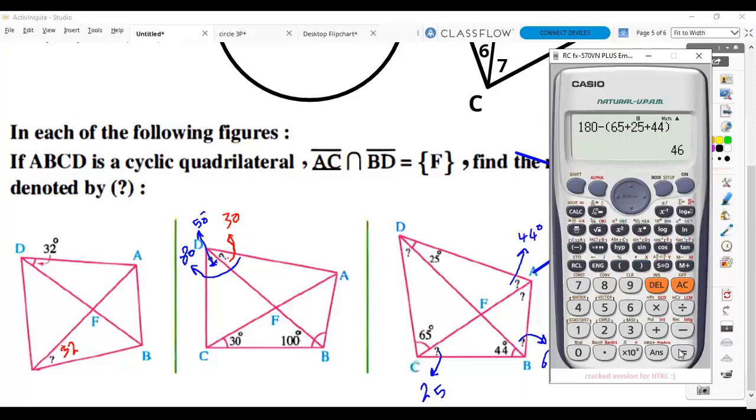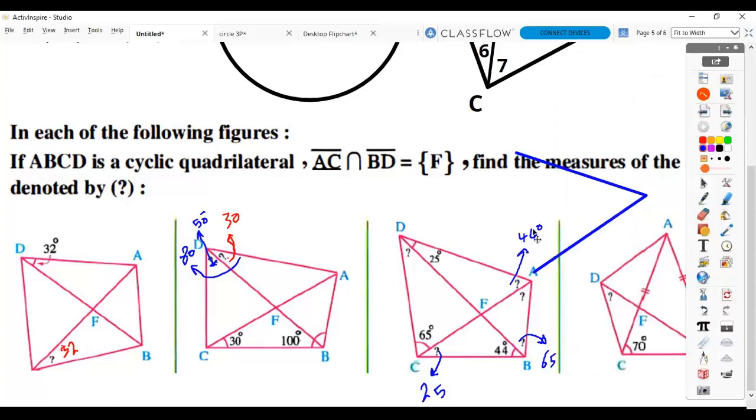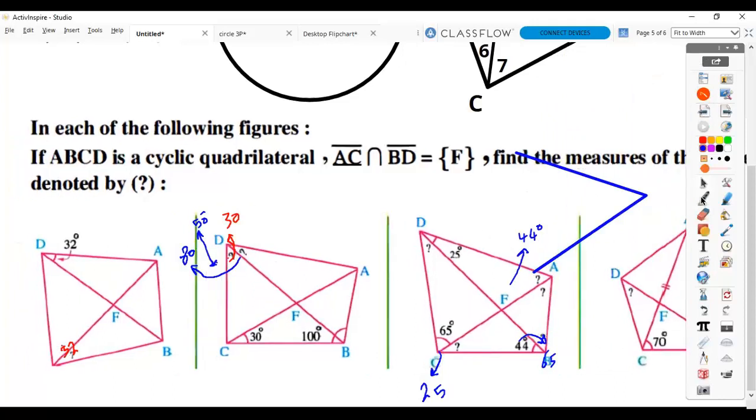That will be equal to 46. So this one is 46. This one is 46, subtended by CB, and this one also subtended by CB, it will also be equal to 46.